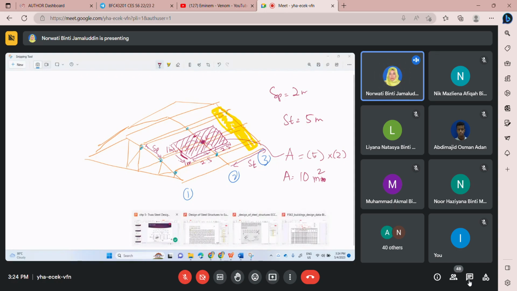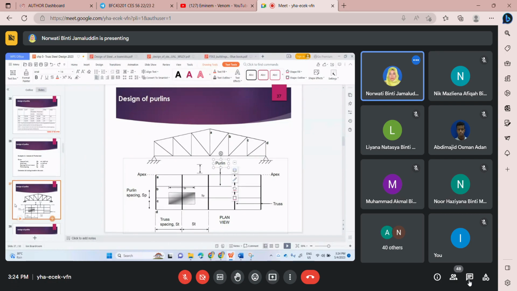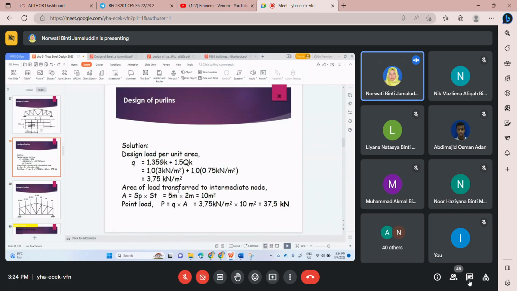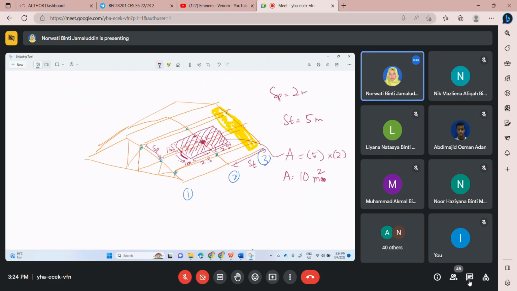Like in this example, the total load on purlin will be design load multiplied by area, because your design load is in kilonewton per meter squared, area is in meter squared, then you can get load in kilonewton unit.